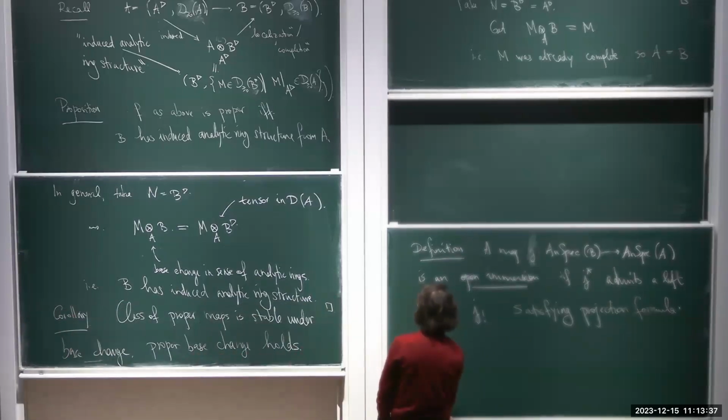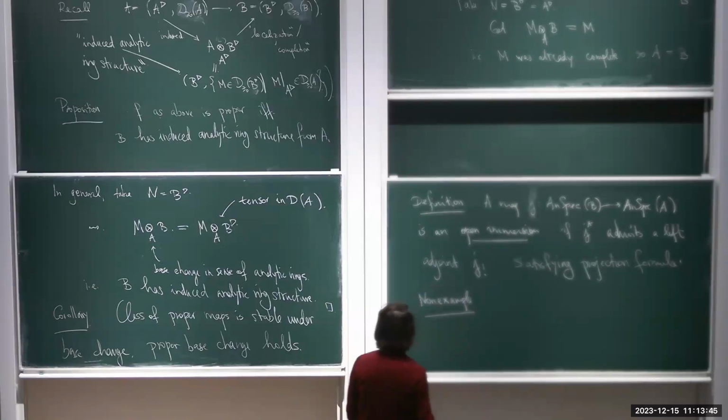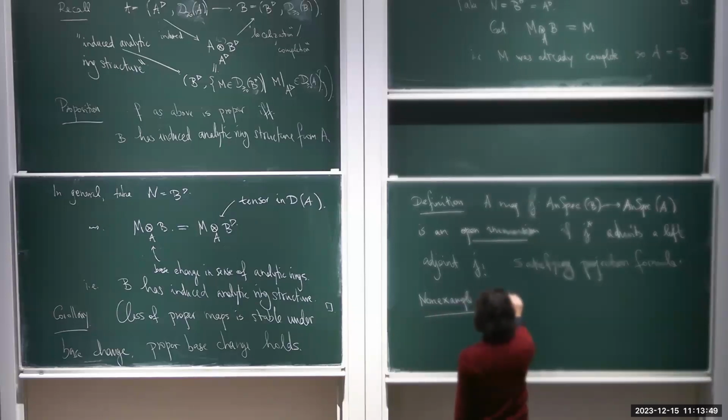So let me give first a non-example and then an example. So, non-example: any open immersion in algebraic geometry that's not also a closed immersion.